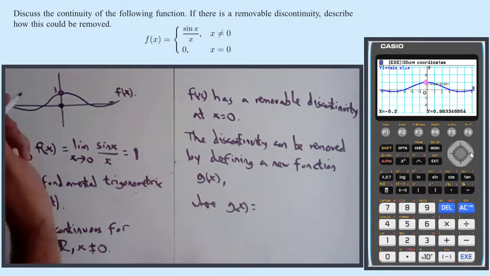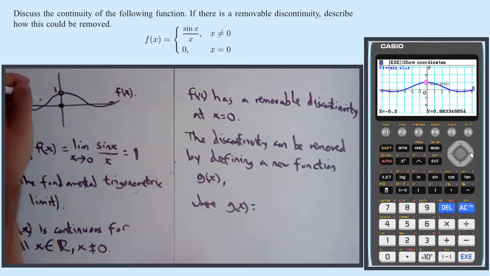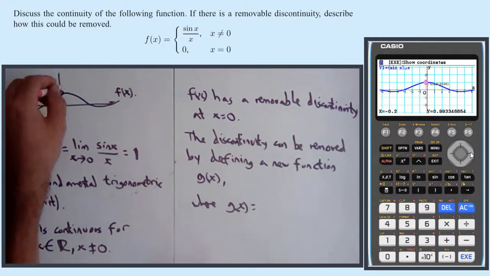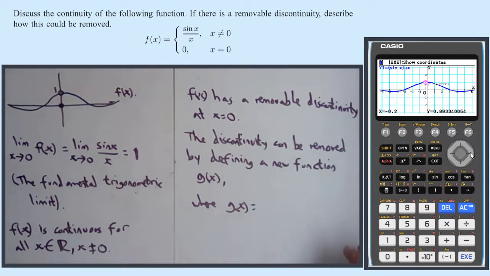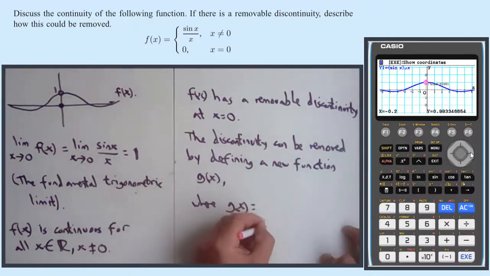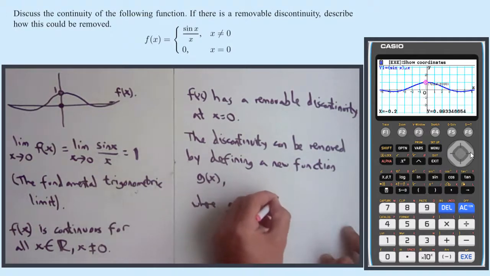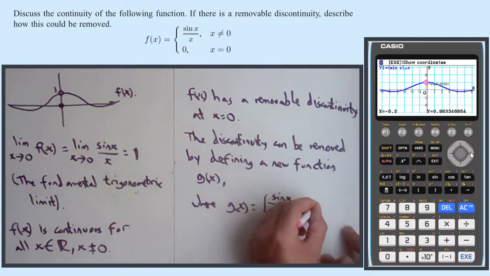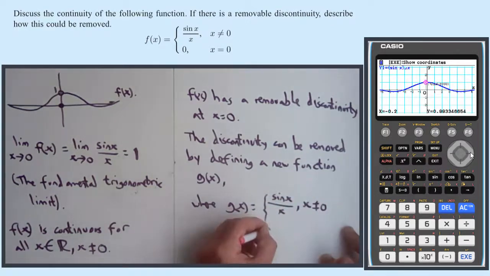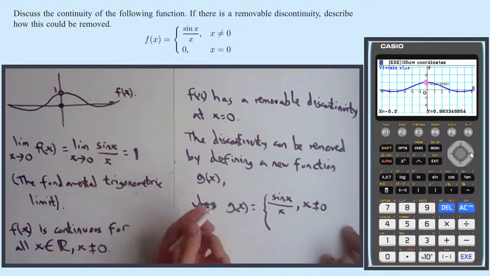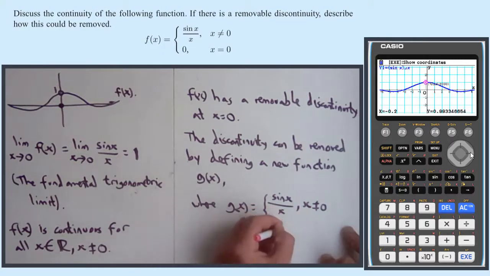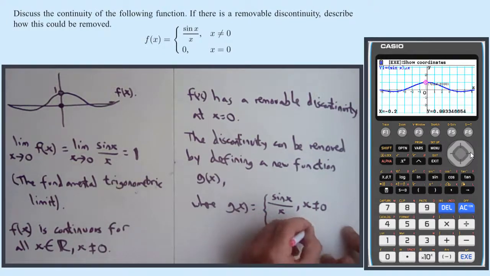Basically, we need to make sure that the value of g of x equals 1 when x equals 0. Everything else stays exactly the same. So g of x equals, so get your curly brackets, sine x over x, and that is for x doesn't equal 0, so everywhere else. But when x does equal 0, well, it needs to equal 1 when x does equal 0.